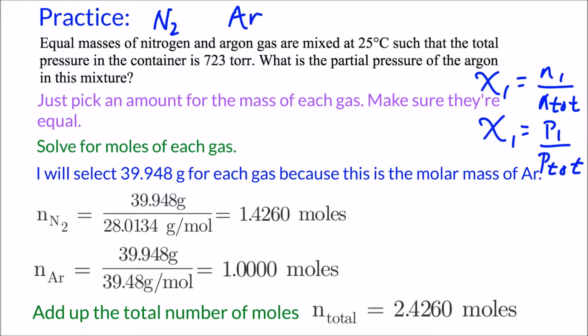Once I have the mole fraction of argon, I can remember that I have this total pressure, and I can solve for the partial pressure of argon.